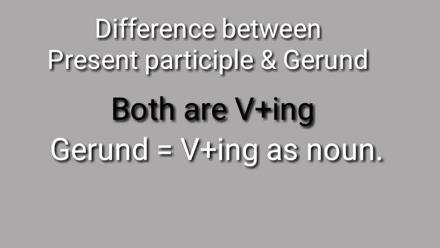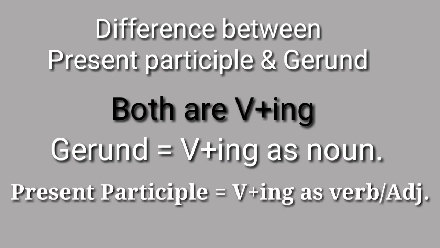But present participle is verbal adjective. Means when V plus ing is used either as verb or as adjective, then it is called verbal adjective, that is present participle. So you must not be confused regarding the usage of gerund and present participle.